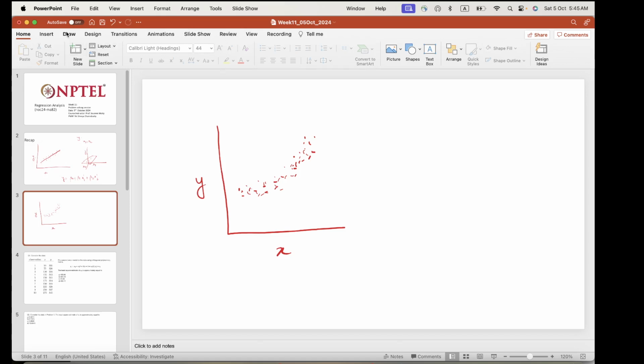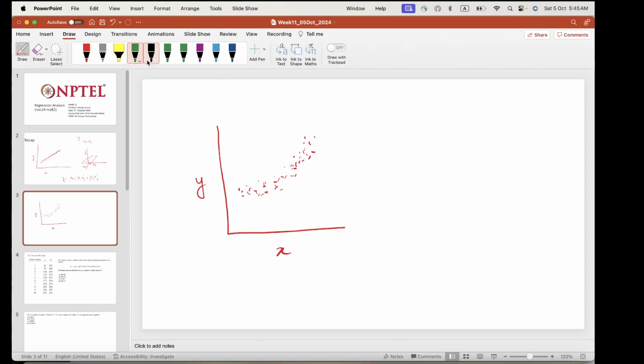So here in this case, if I plot a line and if I plot some sort of a curve, then I think the curve is a better fit than the green line.